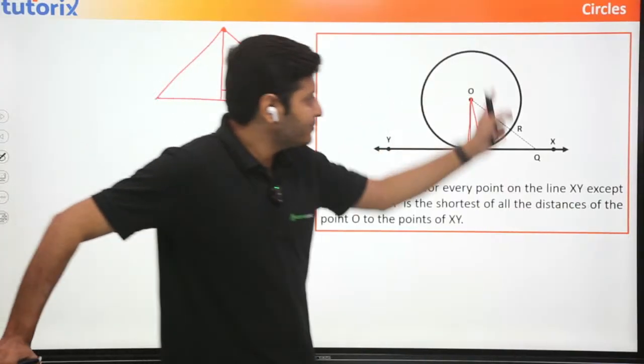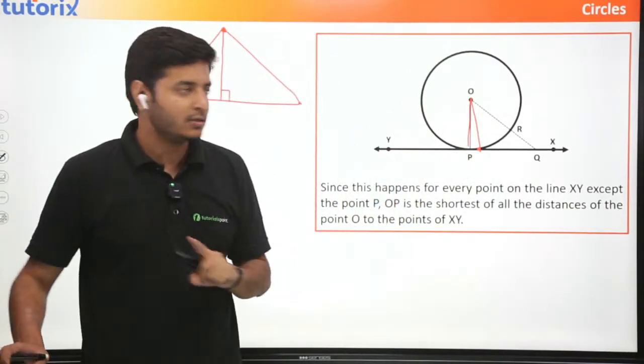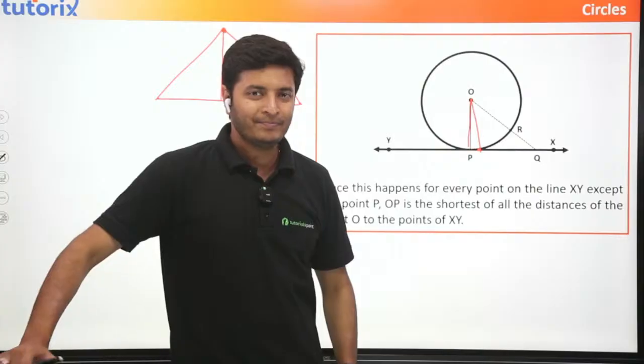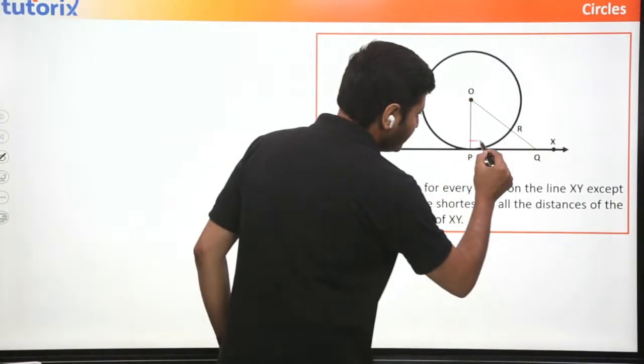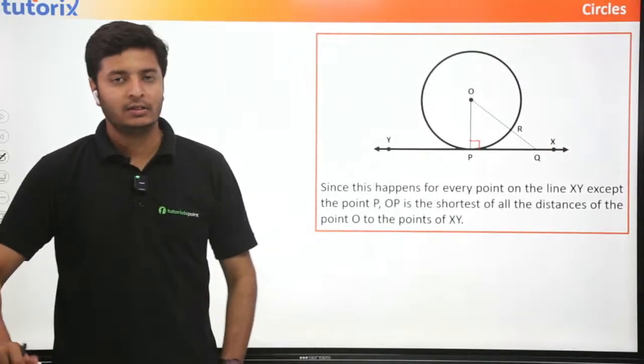If I am saying that OP is the shortest distance between this point and this line, then essentially I am saying that OP is perpendicular to this line XY.